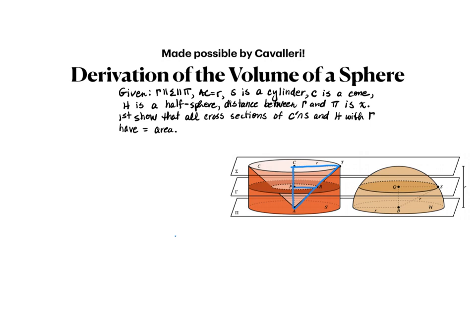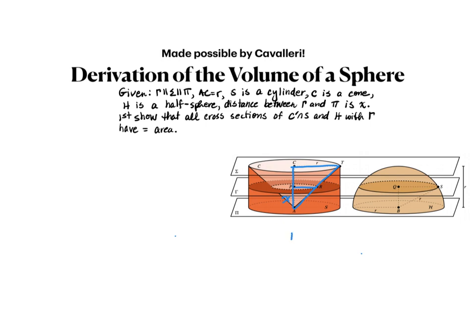So looking at that, let's look at the outside circle and the height of my cylinder. This radius over this length would be the same as this over that. And we know that this distance here is x. Remember, we said the distance between pi and gamma is x long.